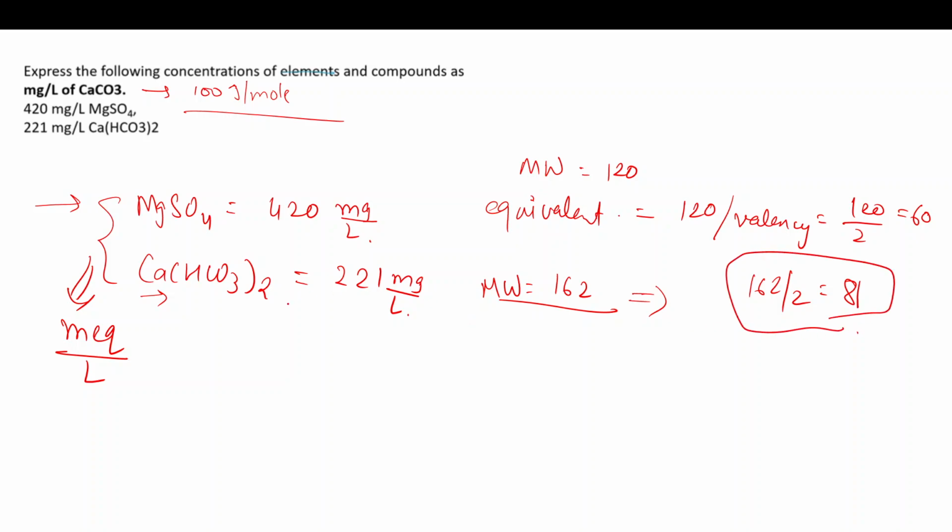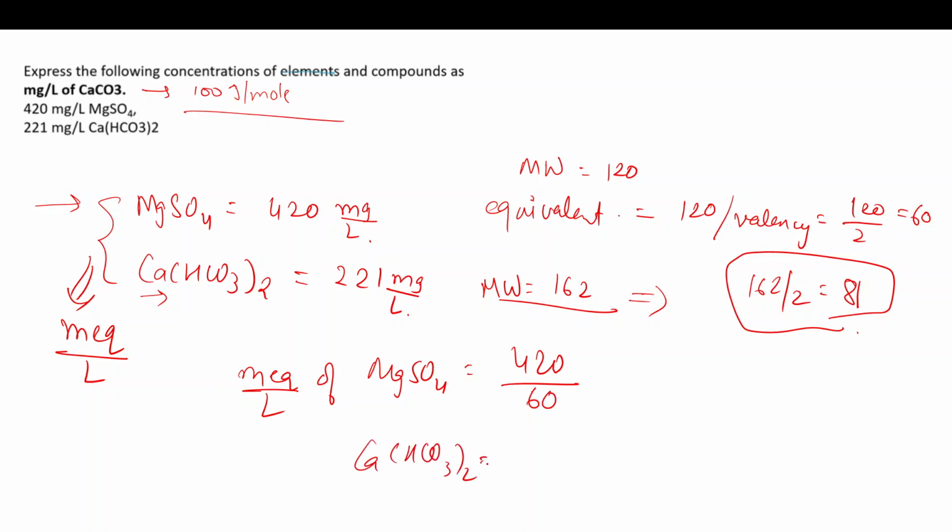Now convert these concentrations in terms of milli equivalent per liter. So milli equivalent per liter of MgSO4 will be 420 by 60, and for calcium bicarbonate it will be 221 by 81.